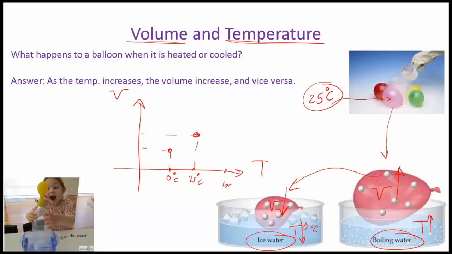And let's say at 100 degrees Celsius, I will take another point. We will find that if we take many points, they will lie on a straight line. So the relation between volume and temperature is that they are directly proportional to each other. Okay, and the relation is a very simple linear relation.